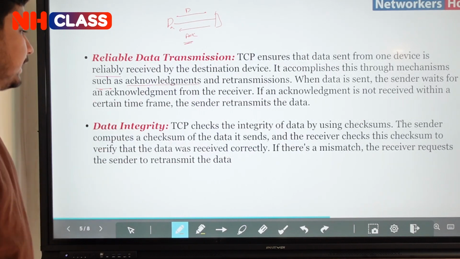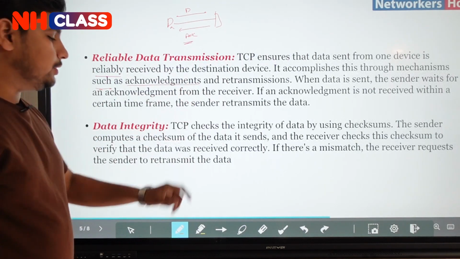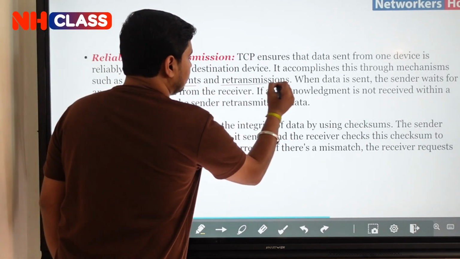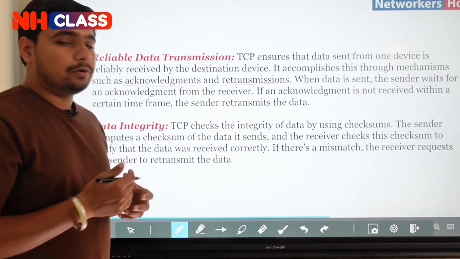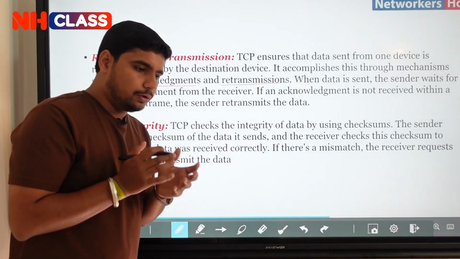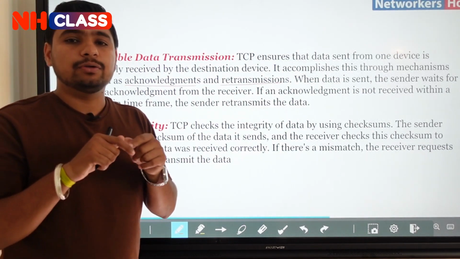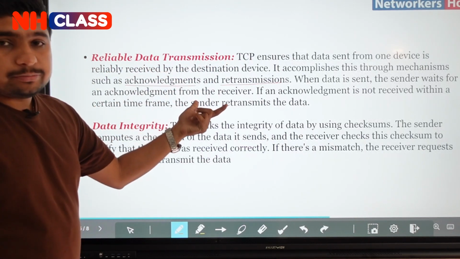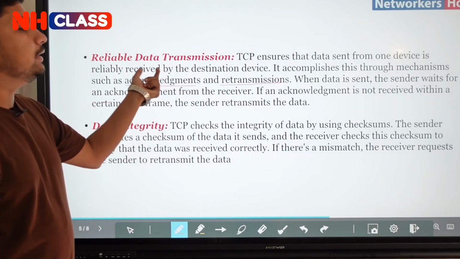So this is the same point again. How will TCP achieve this objective, which is reliable transmission? That happens with the help of acknowledgments and retransmissions. In an interview, if someone asks you about TCP reliable data transmission, instead of directly asking about acknowledgement or retransmission, they might ask in an indirect way, like, does TCP support any reliable data transmission?